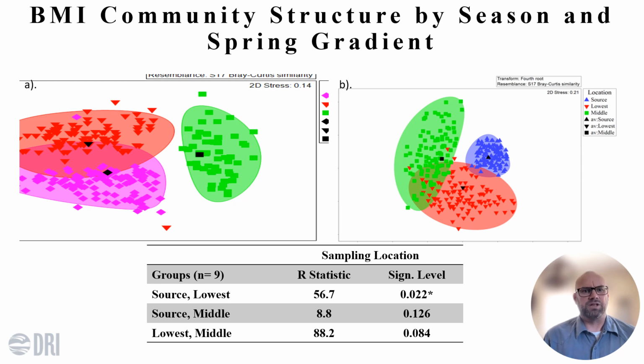And lastly, we looked at the community structure by gradient, source versus middle versus lower. And interestingly here, we see that there is a statistical difference between the source and lowest, but no statistical difference between the source, the middle, and then the middle and the lower sampling locations.